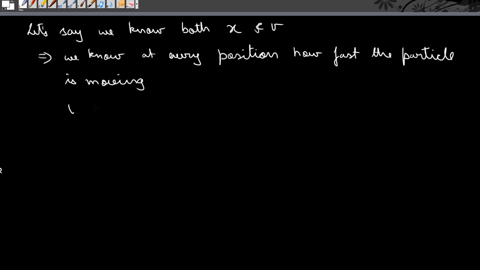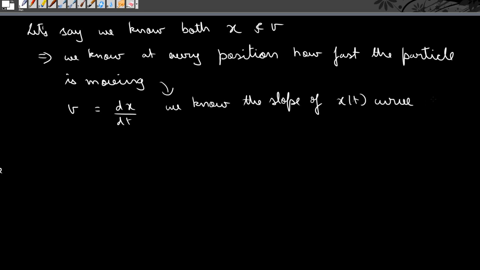And since v is nothing but dx by dt, this is the same as saying we know the slope of the x of t curve at every instant of time.